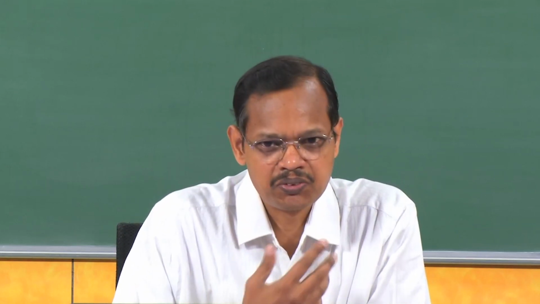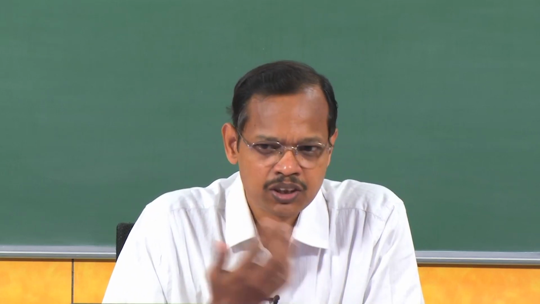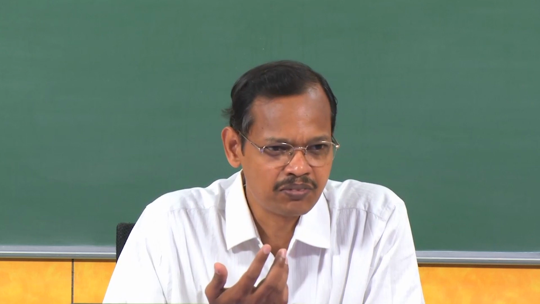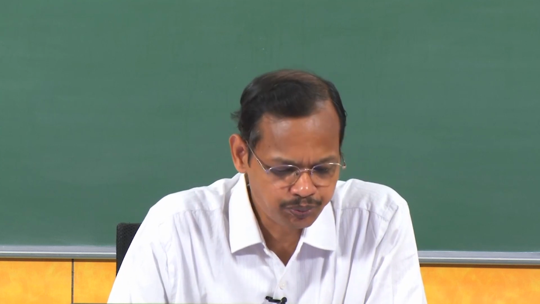There are various experimental techniques which can provide data on stability, for example, thermal denaturation or chemical denaturation. There are several experimental techniques such as circular dichroism, fluorescence spectroscopy, and differential scanning calorimetry. We can use these experiments to obtain data on protein stability.